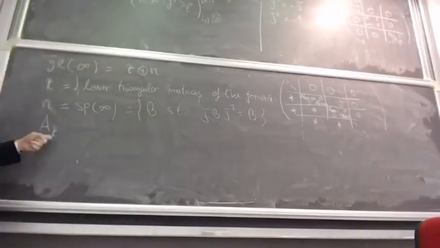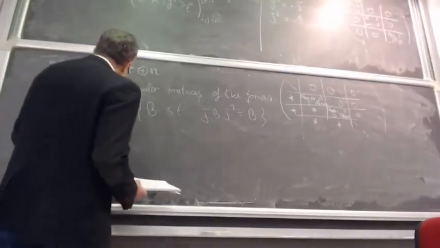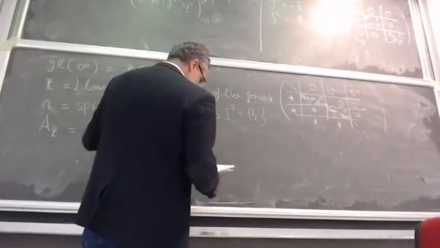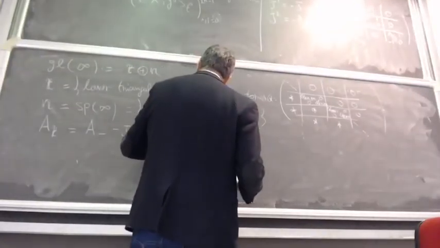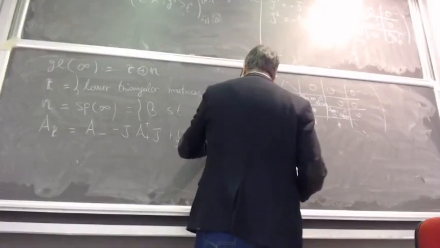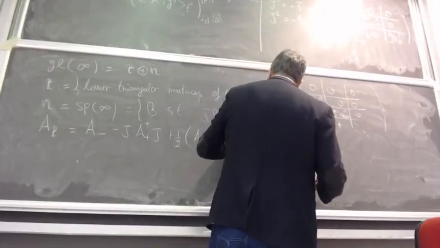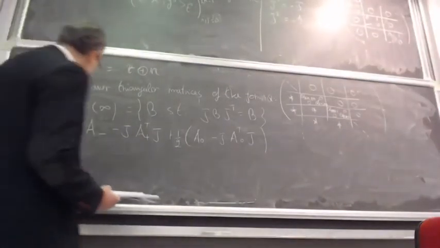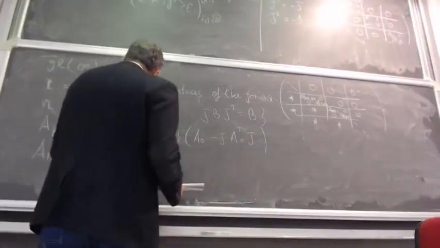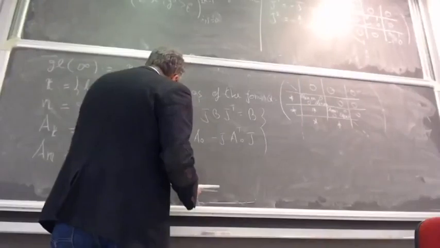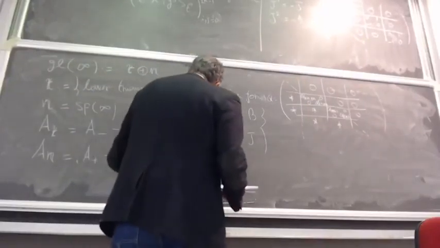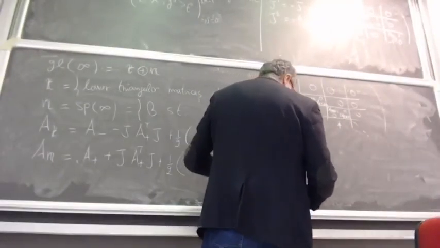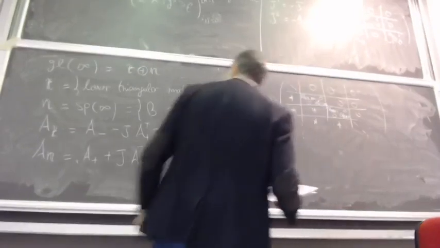Given a matrix A, its projection T is written explicitly as A minus J A plus transposed J, plus 1 over 2 A0 minus J A transpose 0 J, and then the component AN is A plus J A transposed plus J, plus 1 over 2 A0 plus J A transpose 0 J.